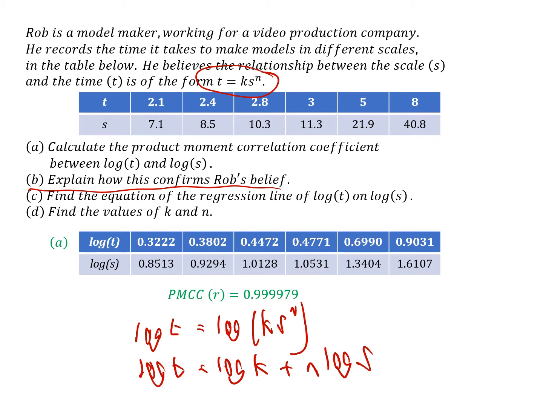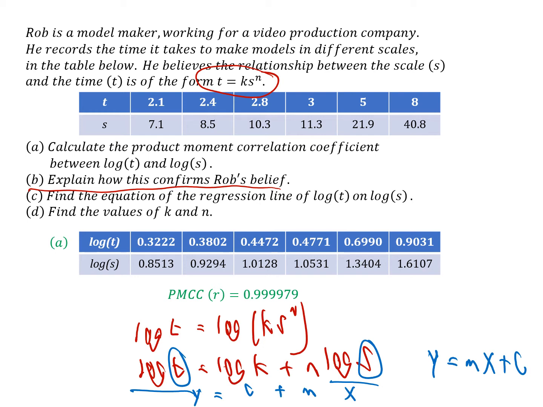Now the two variables in this equation are s and t, or if you like, log s and log t. So this looks like y equals mx plus c, and so this is the m, that's the x, that's the c, and that's the y.